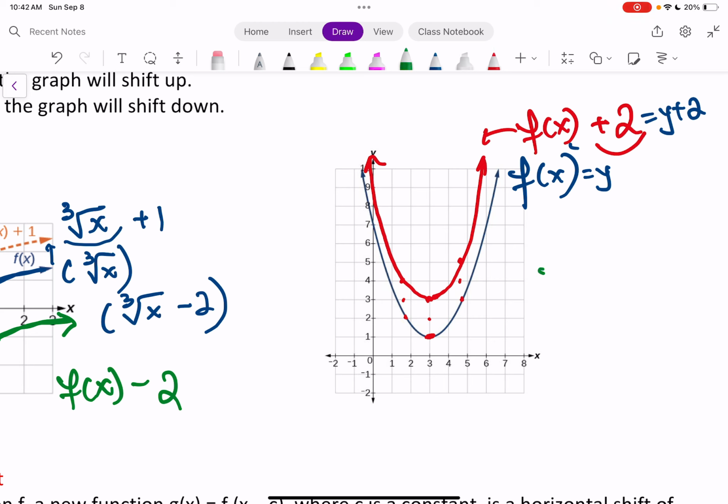Now, what would f of x minus 3 look like? Again, it's all the y values you had before. This y is a 1. Minus 3 is now going to go down to negative 2.